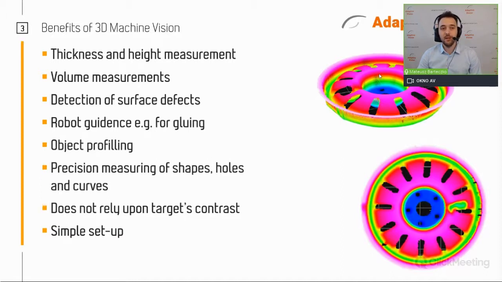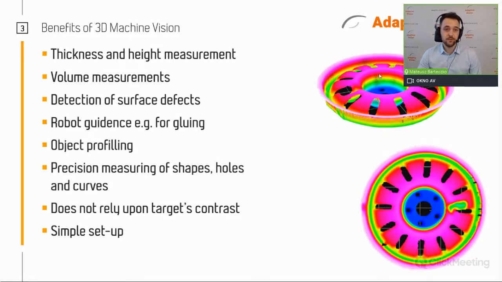It also helps in detection of surface defects that are not well visible in 2D because of a low contrast or an irregular surface, so that the lighting selection is challenging.